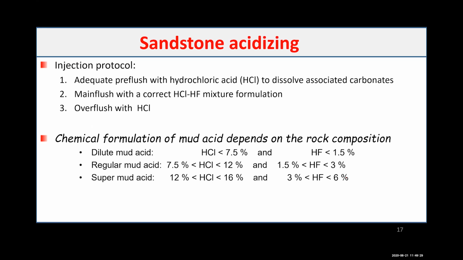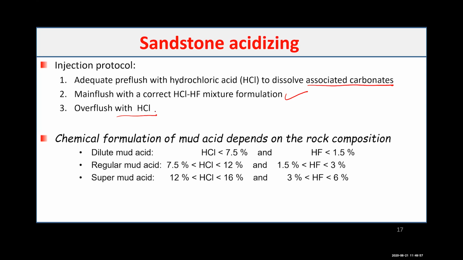Again, the best way to inject in sandstone is to start with HCl to remove any carbonate. Then you pump your main acid, which is the mixture of HCl and HF, and then finally overflush with HCl to keep the pH low and eliminate any precipitate happening near the wellbore area, making it happen deeper inside the formation.